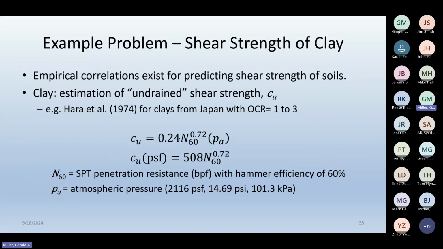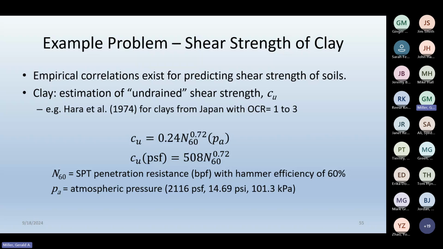And then in this equation, we have N60. Again, that's the penetration resistance corrected for hammer efficiency. I assume 75% for the automatic hammers that we were using. And then atmospheric pressure is the other term in this equation, and here it is given in various units.